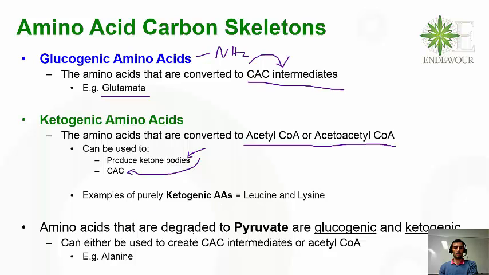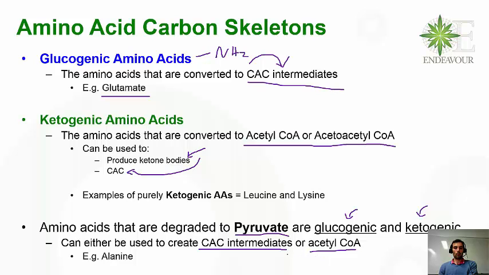So amino acids that are degraded into pyruvate actually satisfy both the glucogenic and ketogenic criteria. That means they can be used to create either citric acid cycle intermediates or acetyl-CoA, because pyruvate can be incorporated into the citric acid cycle to make the citric acid cycle intermediates, or it can be converted into acetyl-CoA.